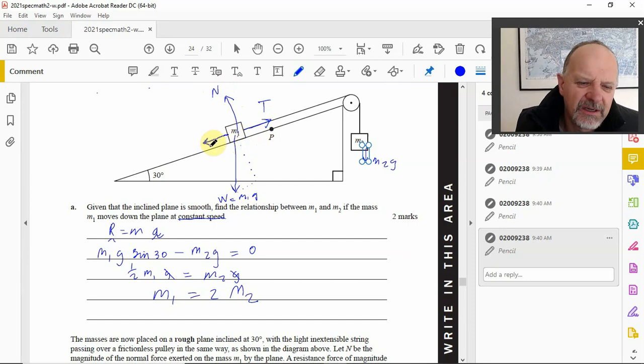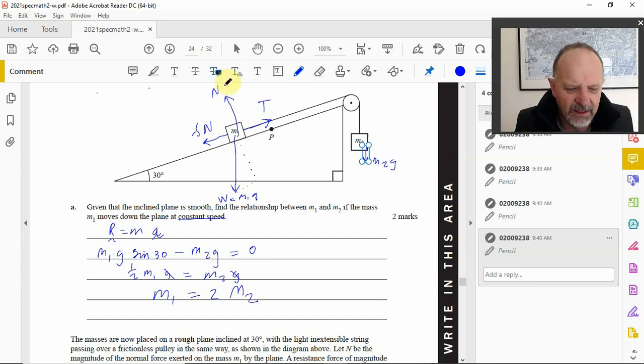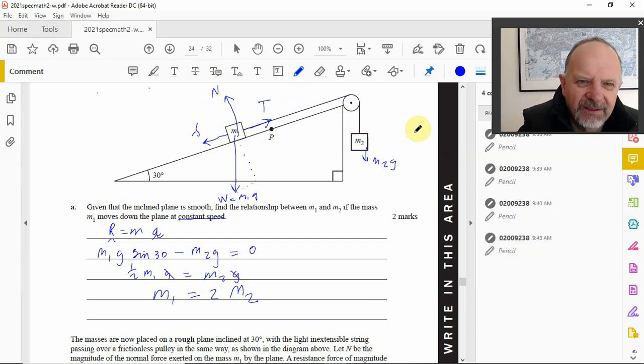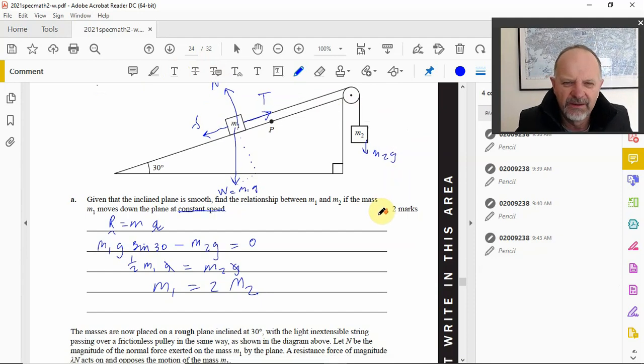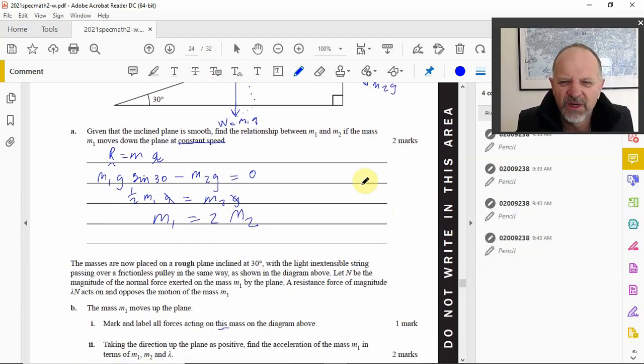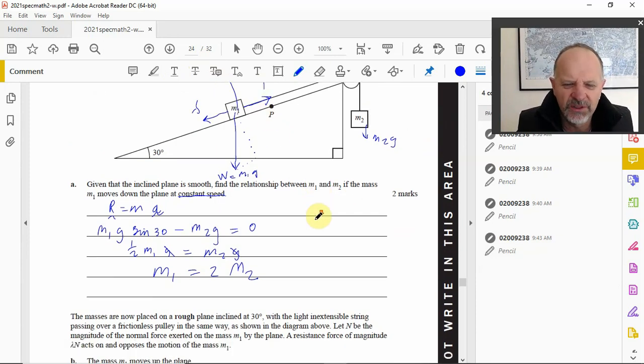So friction is there, that's the resistance force of magnitude gamma N newtons. So I probably don't need that N there. All right, there we go. Mark and label all the forces acting on this mass. That's what we need to do.